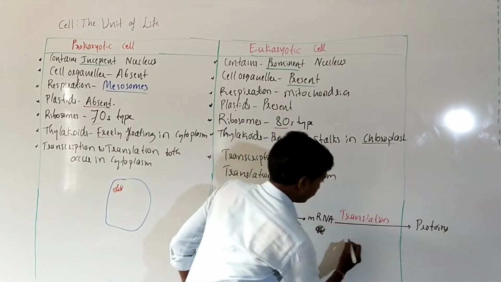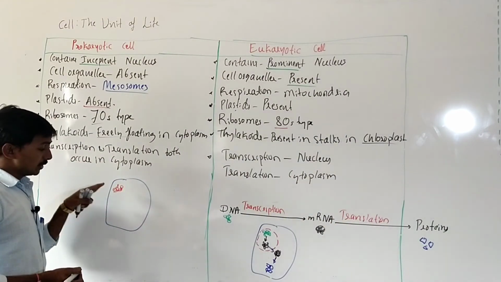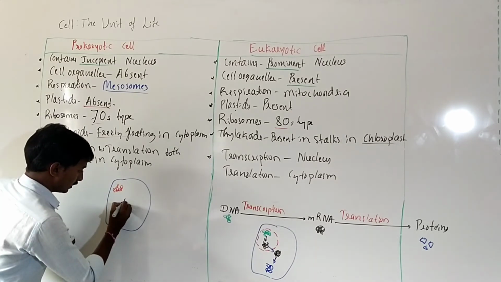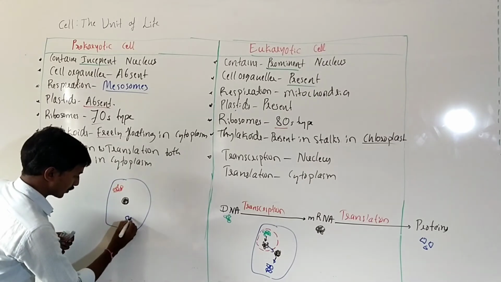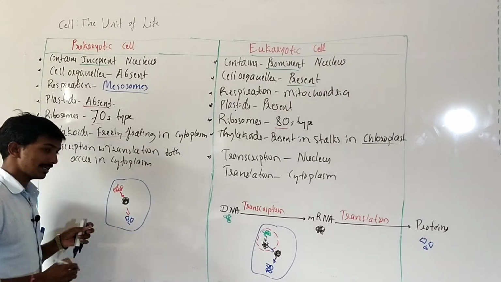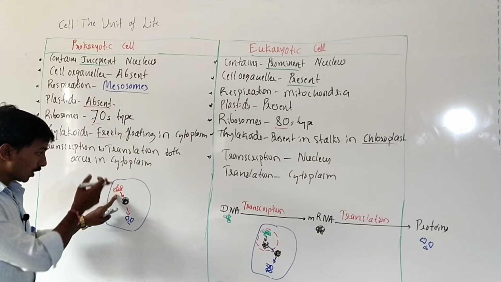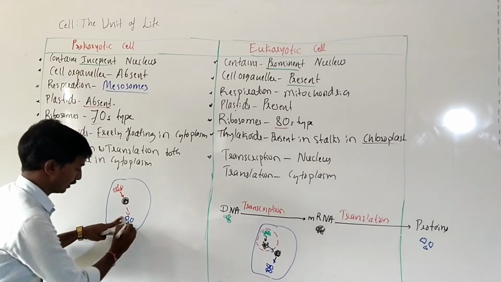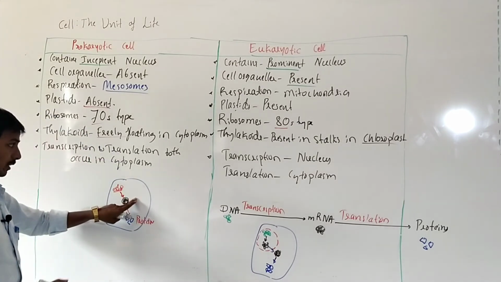That is the translation. But in prokaryotes, the genetic material is not covered by a membrane, so transcription as well as translation occurs in the cytoplasm. The simple reason is the genetic material is not covered by a membrane, hence both transcription and translation, forming the proteins, occur in the cytoplasm only.